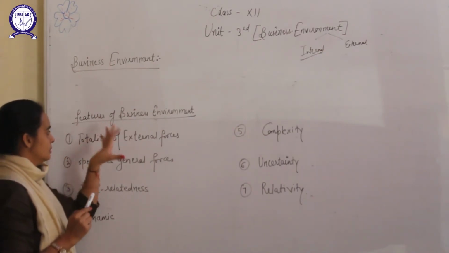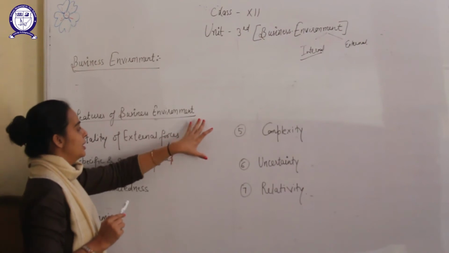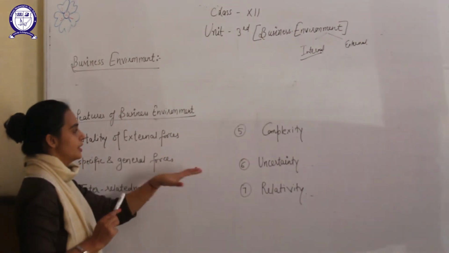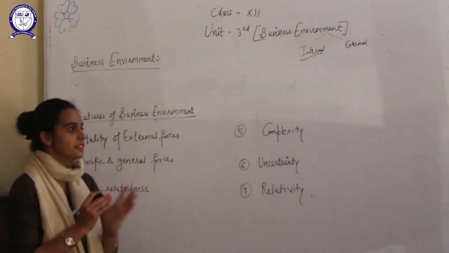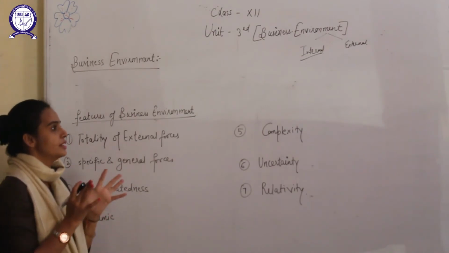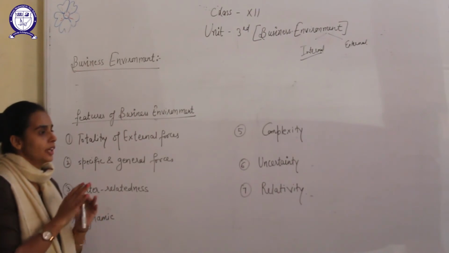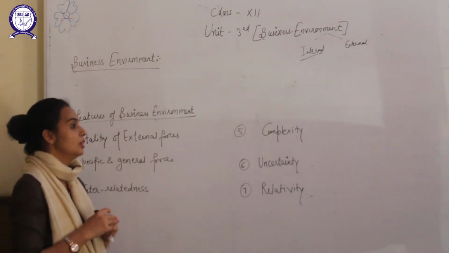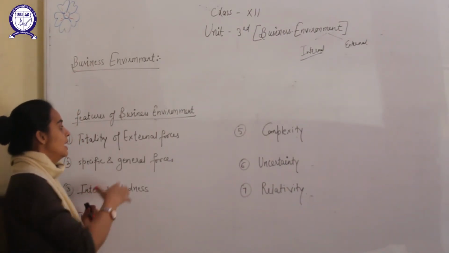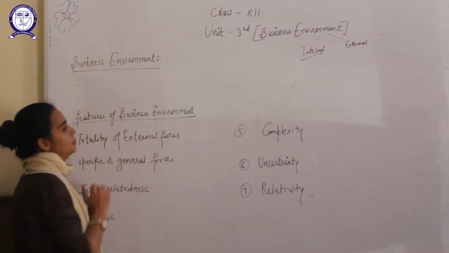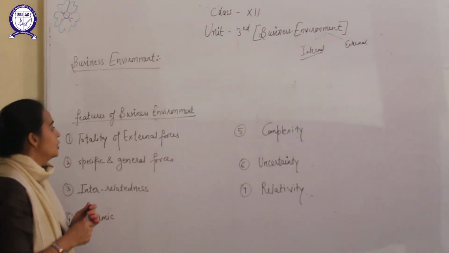In business environment we study those factors which lie outside the organization, and those factors are beyond the control of the organization. The organization cannot control the changes in those factors, and these factors affect the business directly or indirectly.